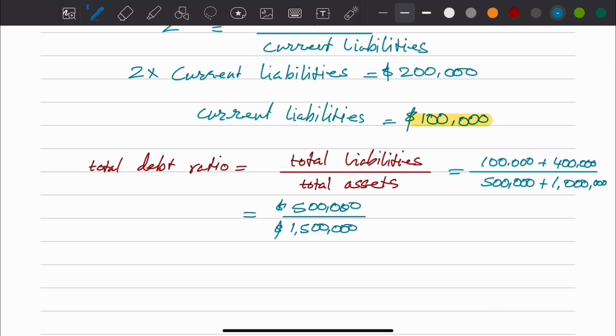And that equals 1/3. 500,000 divided by 1,500,000, 1 over 3, which is equal to 0.33. All right, which is what's required in the question. So this is the total debt ratio.